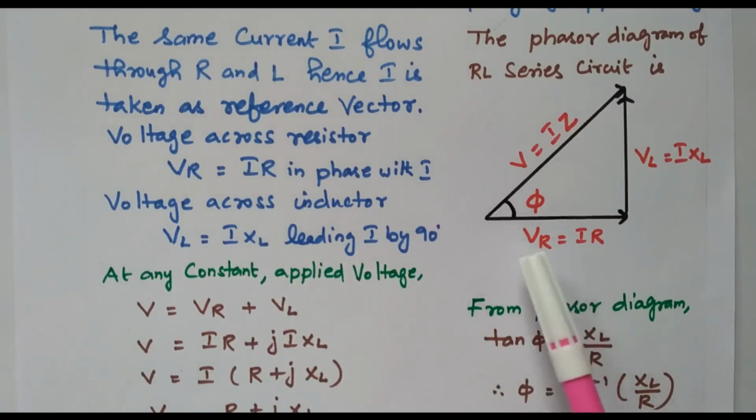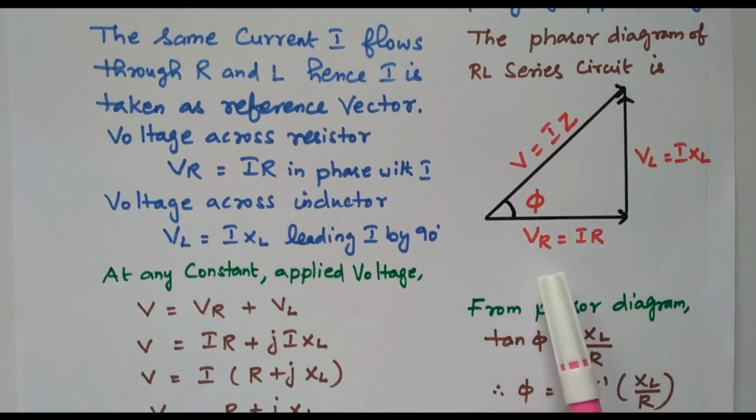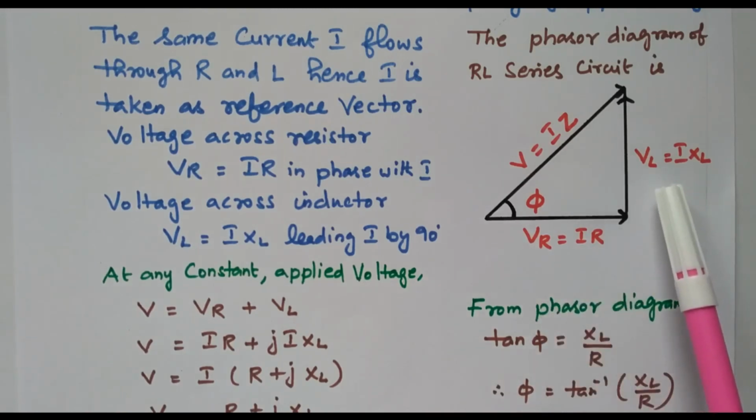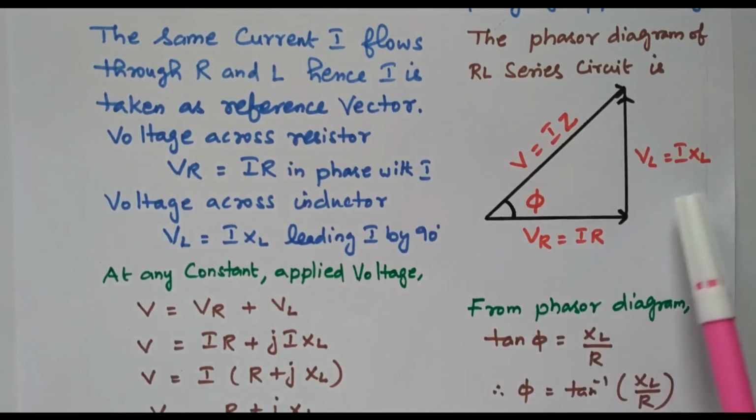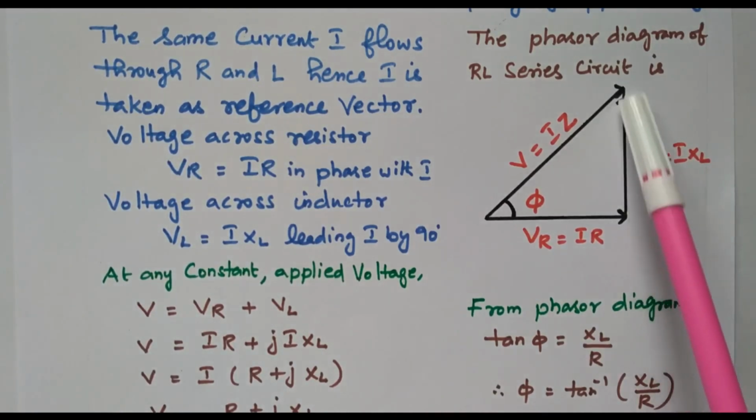So based on that, we have the phasor diagram. This is the reference vector, the current vector. The voltage across the resistor, VR equals I into R, is in phase with the current, so it is drawn horizontally. Then VL, the voltage across the inductor, I into XL, is 90 degree leading, so it is drawn in a vertical line.